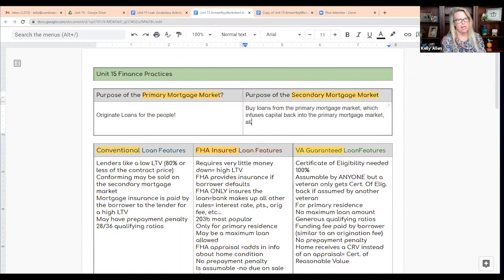Watch this, it's gonna get real wordy. Allowing banks to originate even more loans to the people. You get the idea. We want that flow of money moving in a circle. Let's keep the economy going. Let's keep that money flowing. That's what we want to see.